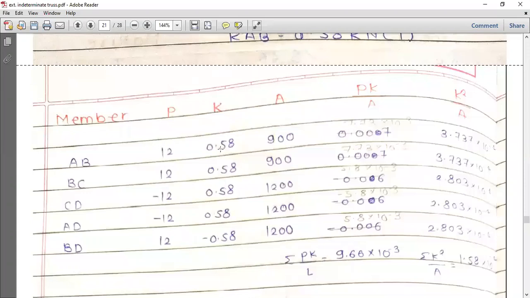Here P and K are positive, take them as positive. While finding the force in member CD, here the P force is negative, take this negative as it is.